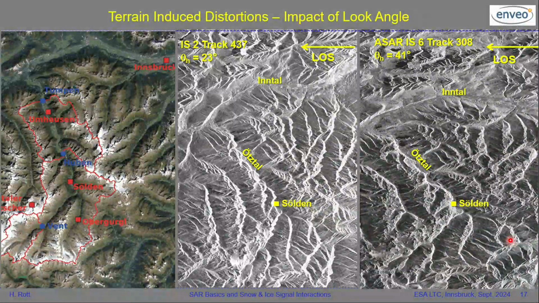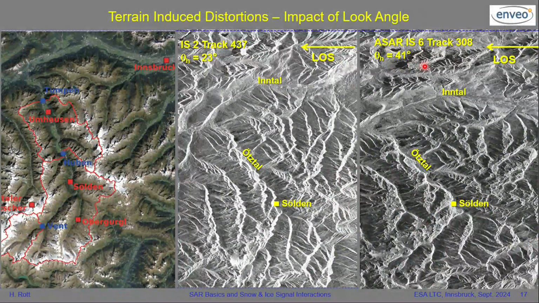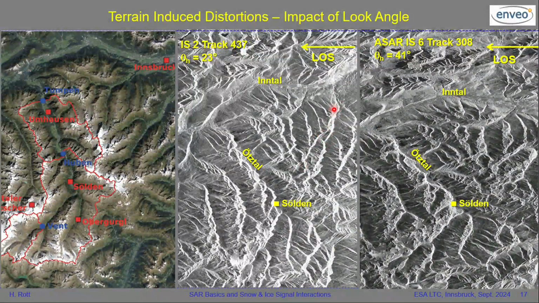Now this shows an example of the impact. This is for SAR, because we had quite different incidence angles here, again Ötztal, and here Inntal, and I think Innsbruck is somewhere here. And this is 23 degrees, and this is 41 degrees. And here you have much more layover.